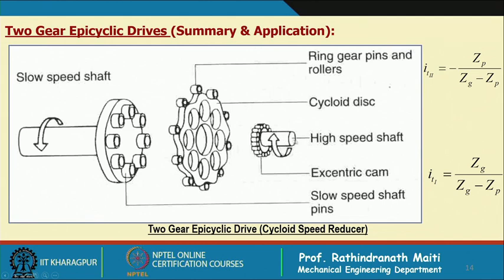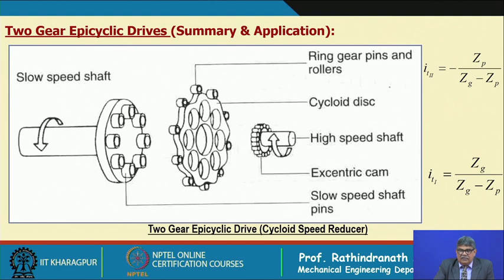This cam is on the shaft and another eccentric is mounted, and here the center distance is nothing but, in this case, one tooth difference into module divided by 2.